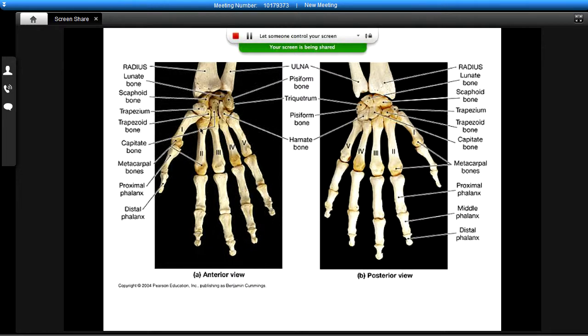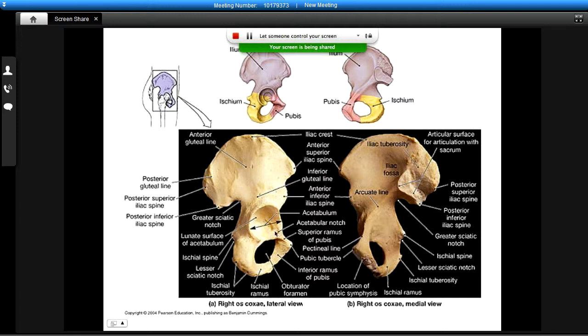Notice that the numbering begins in Roman numerals, and in anatomical position, remember the thumbs are in the lateral position, and the fifth metacarpal is basically in a medial position. And so the numbering starts with the thumb, so the numbering is going to start laterally and move medially. And that is important, and I will ask you to number those in order. So if you're looking at an anterior view, anatomical position, or if you're looking at a posterior view, anatomical position, don't confuse that numbering system.